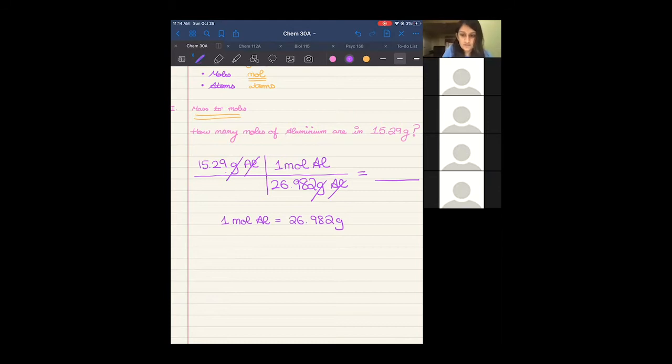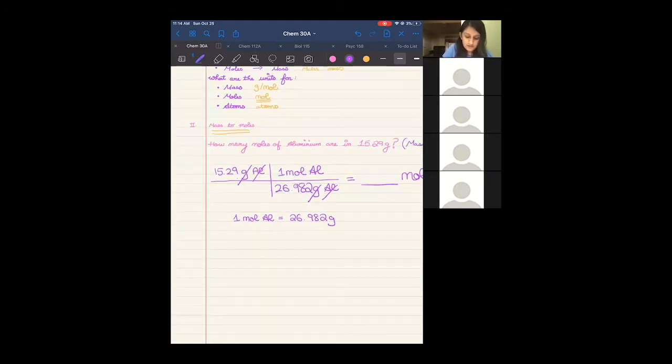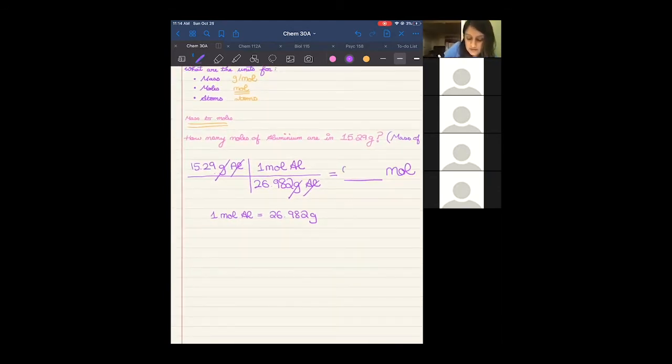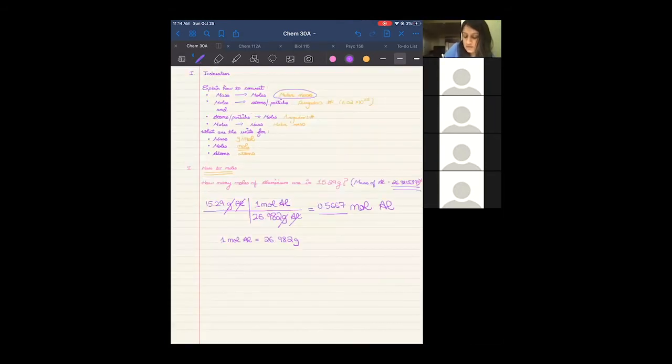Okay, sounds good. So the answer is correct. It's 0.5667, and then it's going to be moles of aluminum.